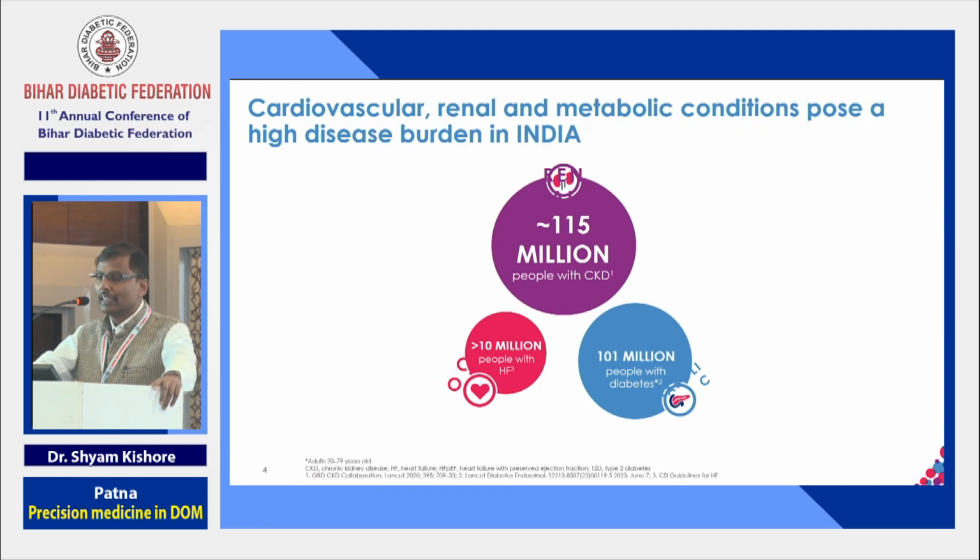I would like to apply that frame here. So you have not only to treat the diabetes, you have to keep in mind that my patient could have heart failure, my patient could have renal failure. They might not have presented biochemically, but the things should have started earlier. So your medication should be targeted, keeping this fact in mind.